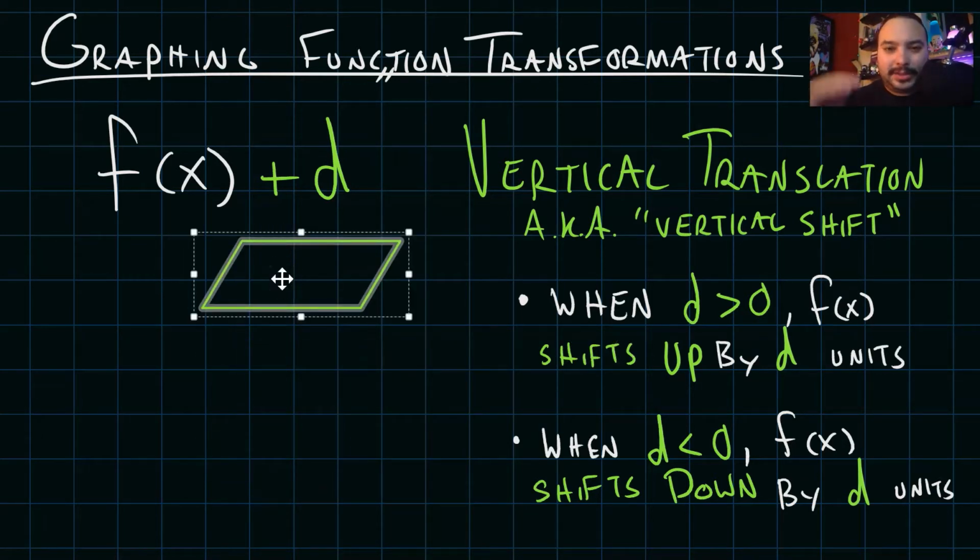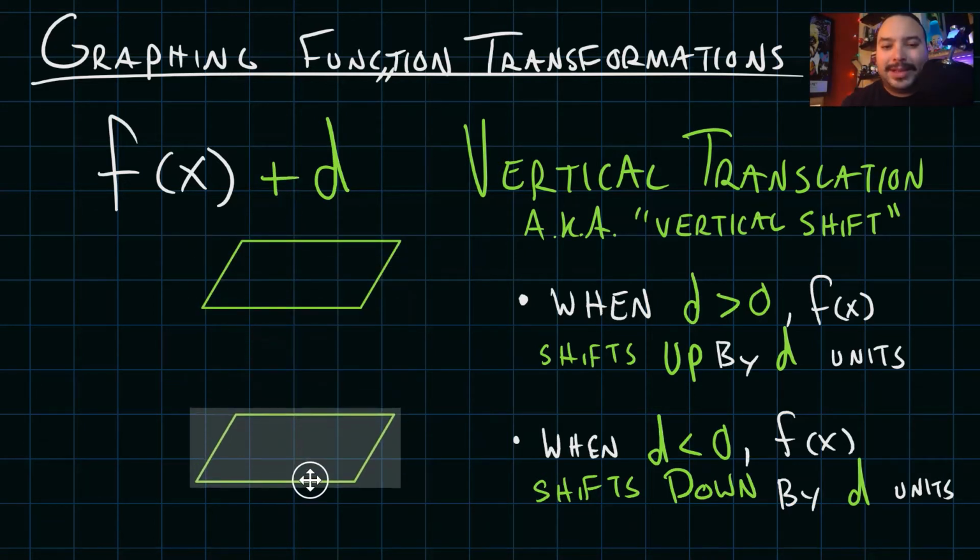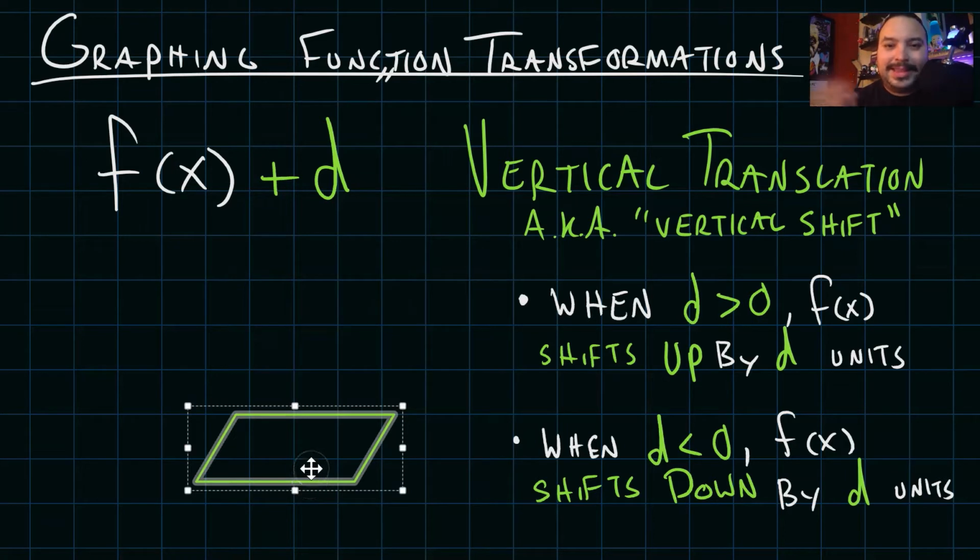If d is 5, it'll shift up 5 units. If d is 10, it'll shift up 10 units, and so on. Now, if d is less than 0, which means if you have minus a number, or think of it as adding a negative number to f of x, that means you're going to be moving your graph down by that many units. Let's investigate what this looks like graphically.